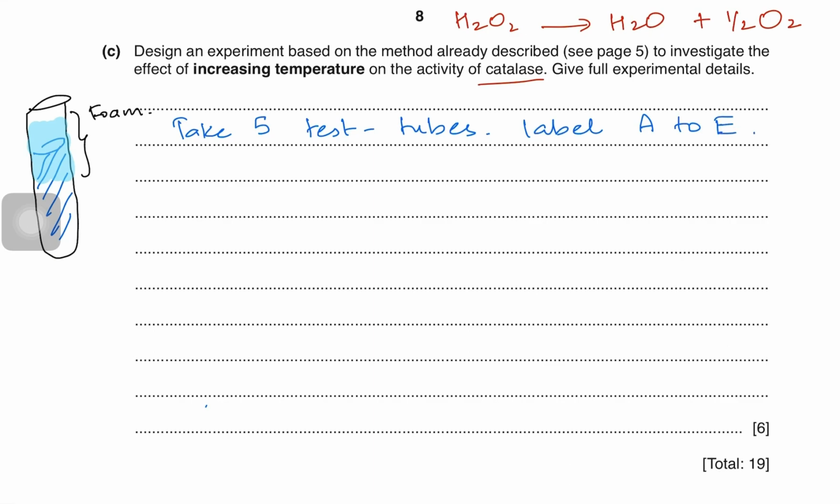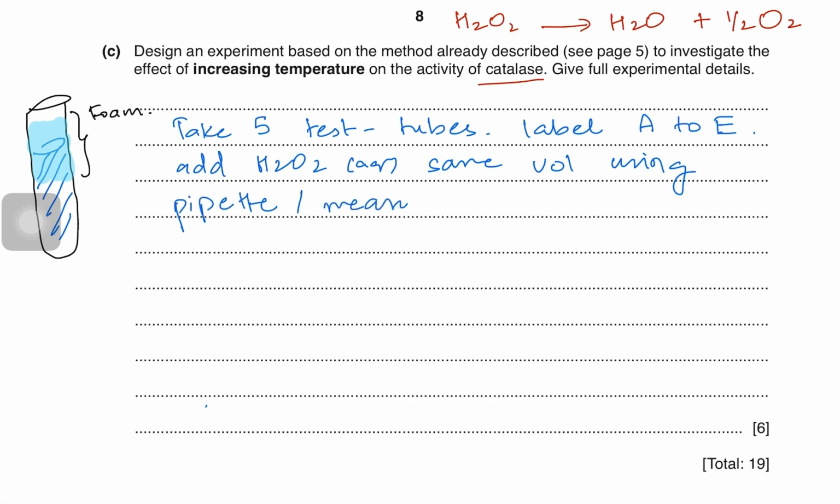Now, what are you adding and how are you adding that? So you can talk about the fact that we will be adding hydrogen peroxide in them. So you can say add hydrogen peroxide. When you say hydrogen peroxide, aqueous, mention same volume using pipette or measuring cylinder. Talk about the apparatus. Your question is concerned about temperature, right?